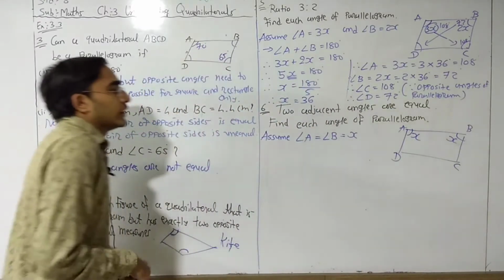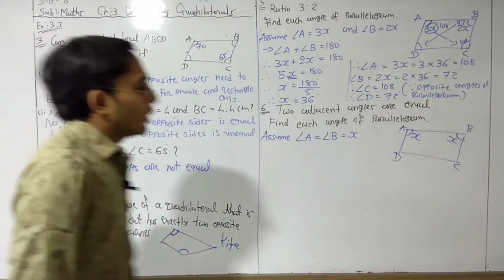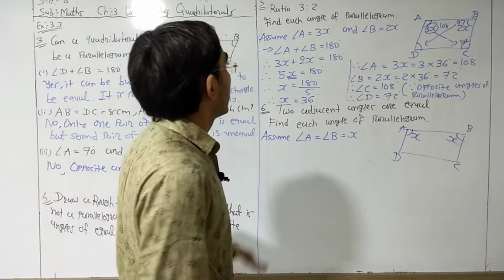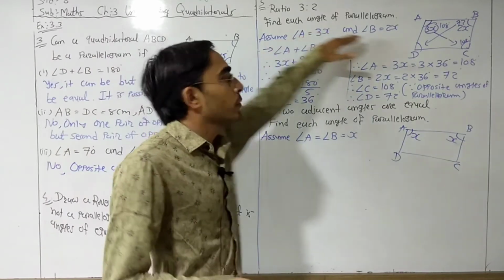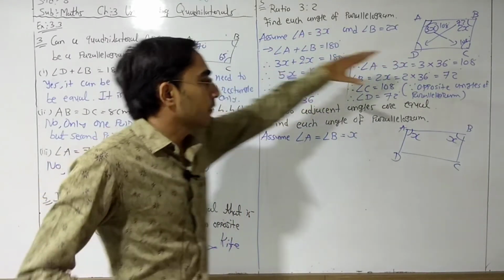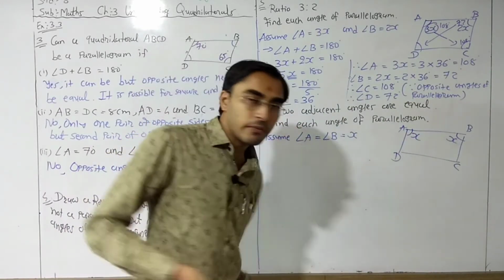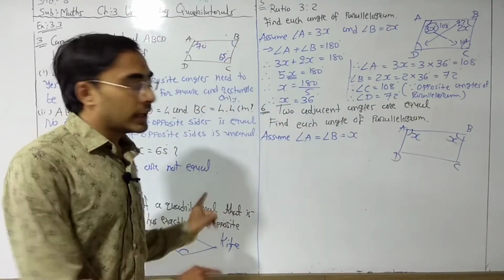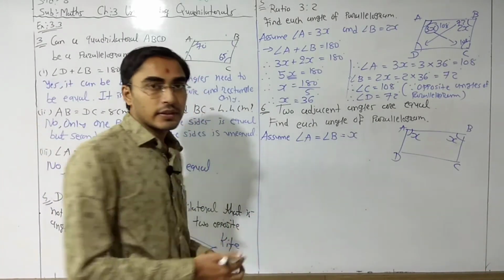Okay. Now, similarly, we can find all the angles of a parallelogram, right? Like question number 5, here too we first assume angle A and angle B. After that, we find the values of all the angles. So here, in the same way, we can find all the angles of a parallelogram. Okay, so what we need to do here?